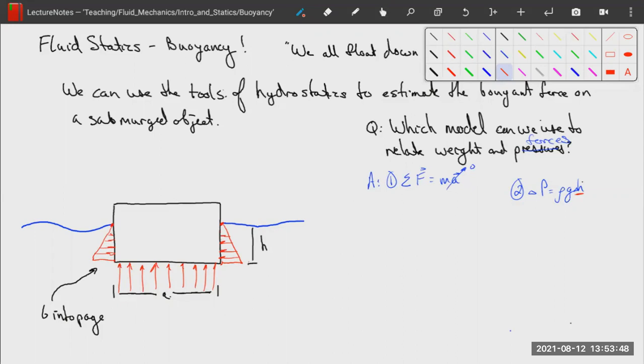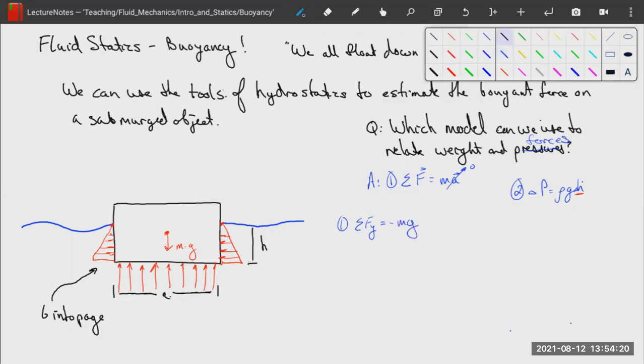So the last thing we need to add to our free body diagram is the weight of the object, which is just mass times gravity, right? So now let's look in the y direction for our sum of the forces. We sum all the forces in the y direction is equal to, we have negative mg here. Oh, I'm so bad at this.